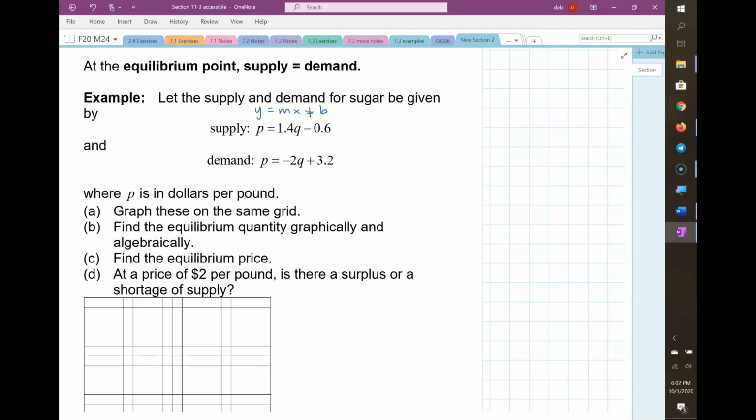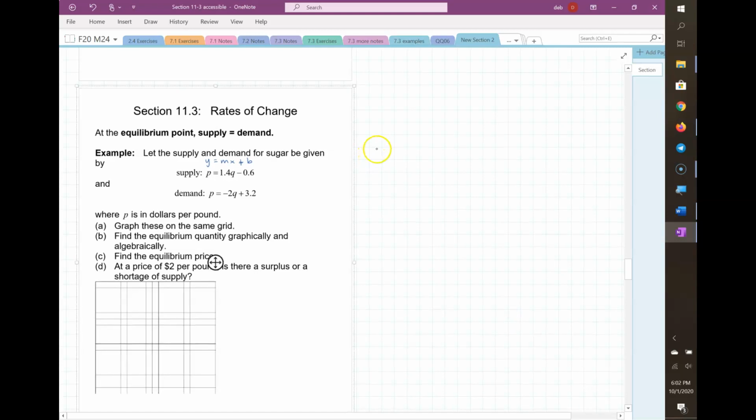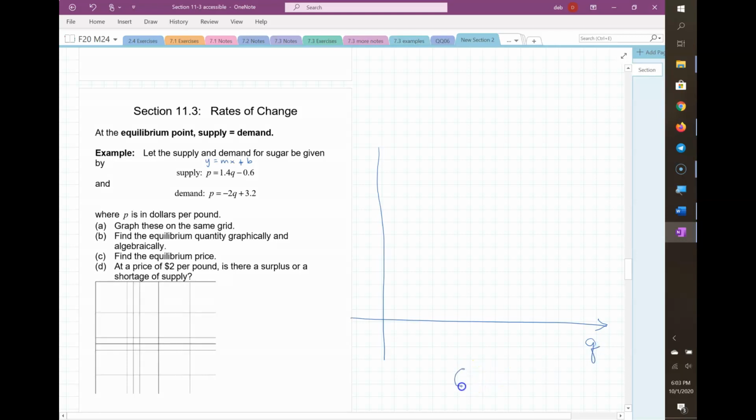Okay, so let me come over here and make my squares a little smaller. So I'm going to have the Q axis for quantity, and this is going to be in pounds because the price is in dollars per pound, so the quantity must be in pounds. Then the vertical axis is P, the price, in dollars per pound.